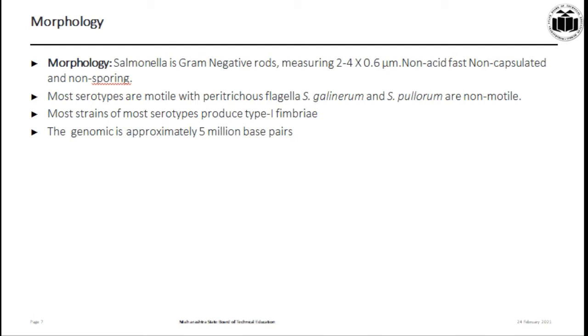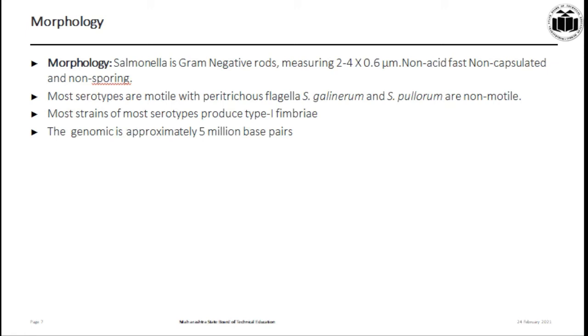When we look over the flagella, some species lack the peritrichous flagella, and the examples for this are Salmonella pullorum and Salmonella gallinarum, while most of the serotypes are motile in nature, but a few of them are non-motile in nature.